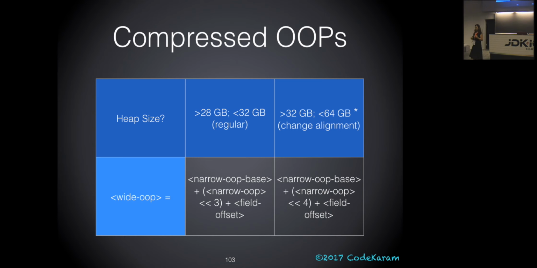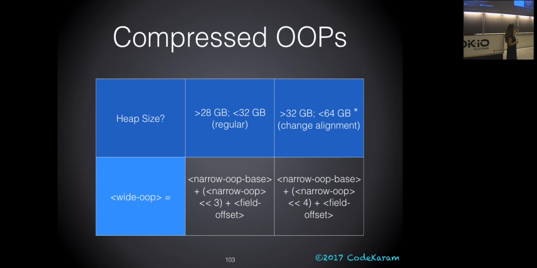What is interesting in JDK 8, I think by default, the object alignment can change based on your heap size. So if your heap was less than 64 but greater than 32, your alignment could be changed to, instead of 8-byte, it would now be 16.